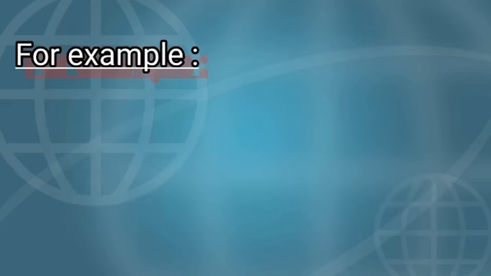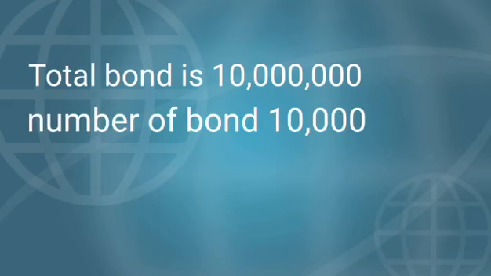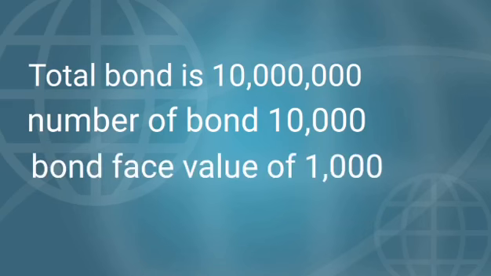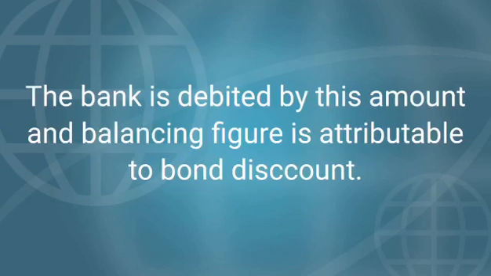The total bond liability equals 10 million, the product of 10,000 bonds and the bond face value of 1,000, because actual cash proceeds are 9,852,591. The balancing figure is attributable to the bond discount.